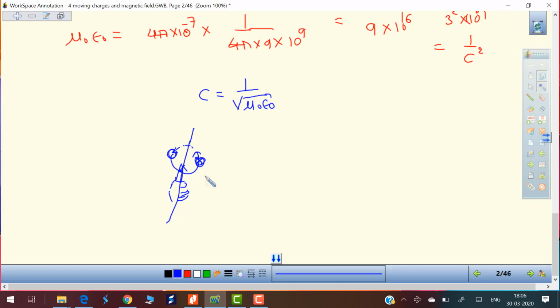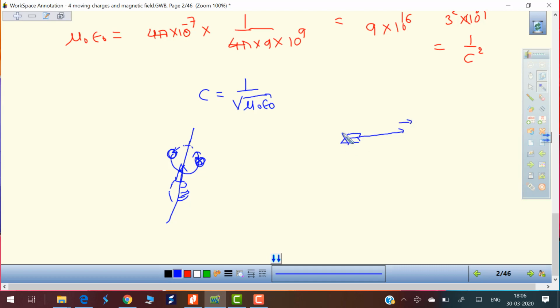Now, when we use cross and when we use dot, I just give a simplification. Suppose you have an arrow. This is the arrow. So the arrow is going this side.